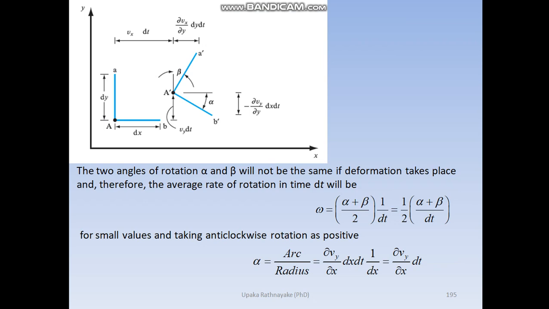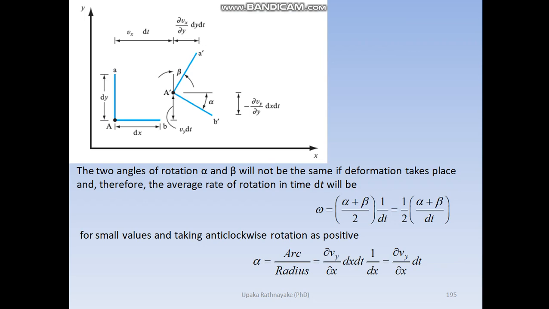Point A moved to A prime in a dt time step. However, two legs, horizontal AB and vertical AA, rotated at A prime by alpha and beta angles as shown. The AB distance is dx and the AA distance is dy.